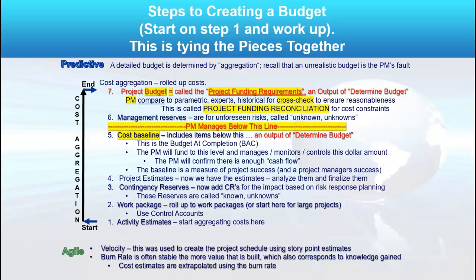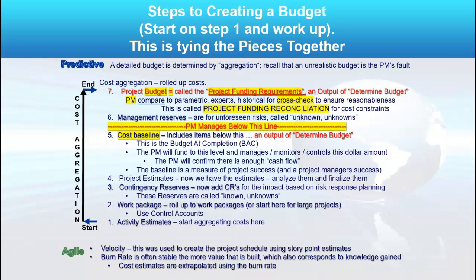As you recall from the risk discussion, this is about known unknowns, right? You've identified the risk, so you know it's out there, but the definition of a risk is an uncertainty. So you don't know if the risk will happen. And these are your contingency reserves. You'll add those up through your project estimates, and bam, you end up at a cost baseline. That's the budget you control, right?